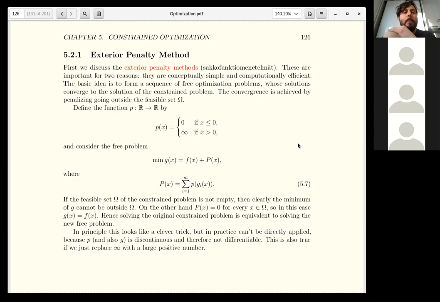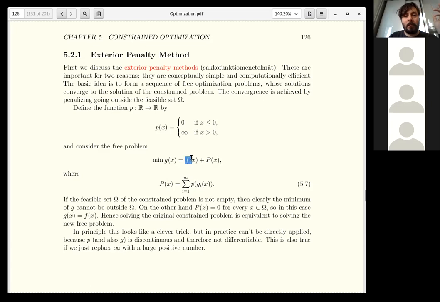And we can consider the following problem, which is a free problem without any constraints. We're minimizing g of x, where g of x is simply the cost function f of x plus a capital P of x, which is simply the sum of small p of g_i of x. What does it mean?